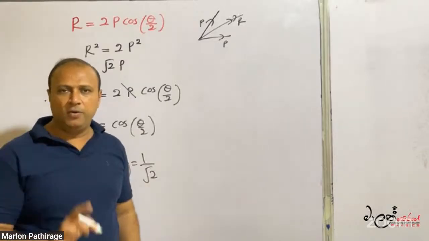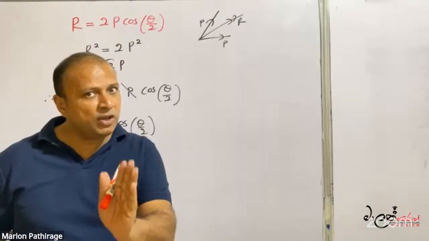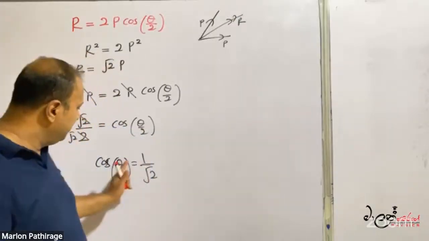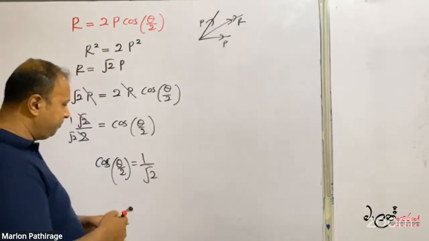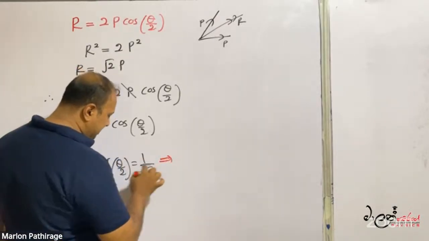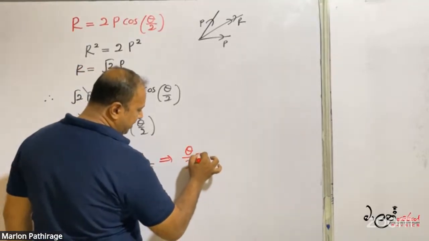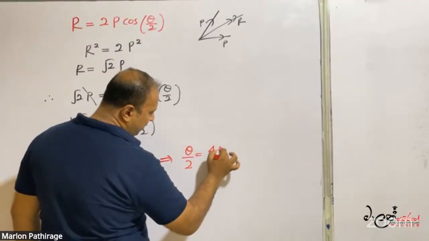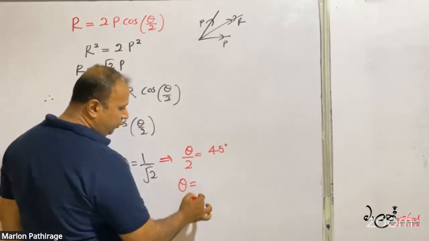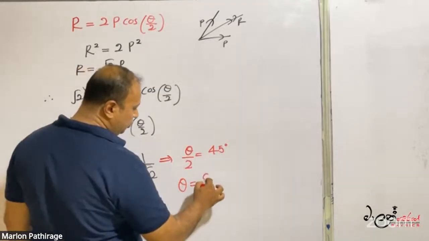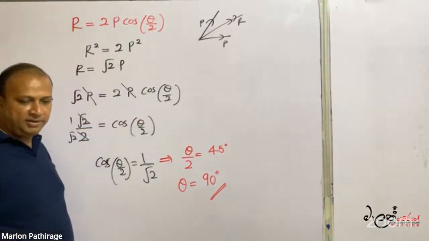If a cos value is equal to 1 over root 2, the angle should be 45. Therefore, theta over 2 is equal to 45 degrees. Therefore, the angle between the two vectors should be 90 degrees.